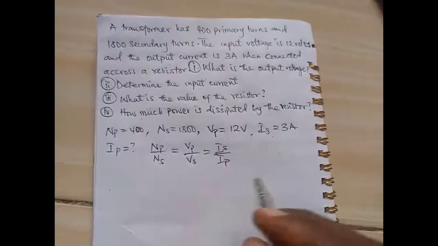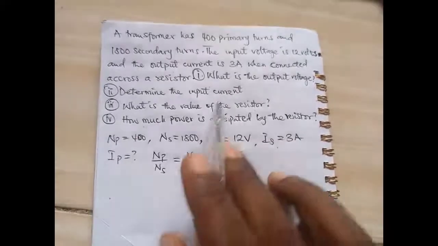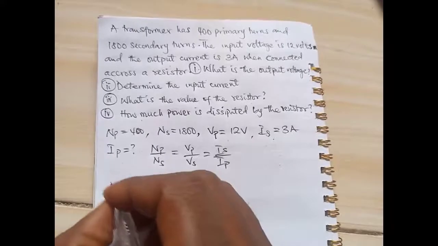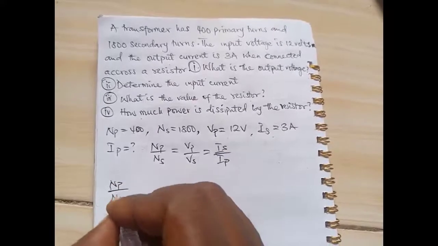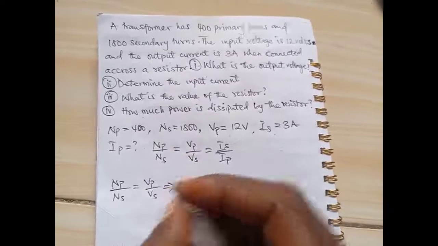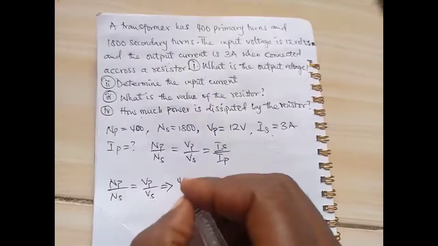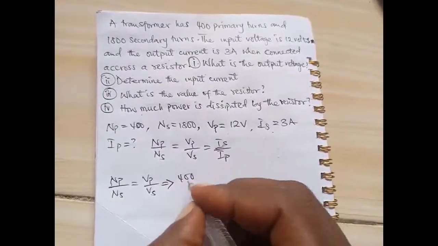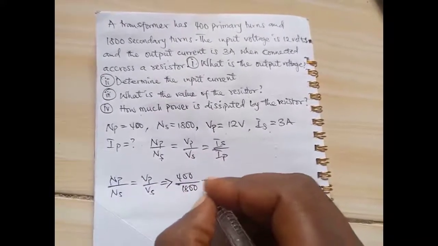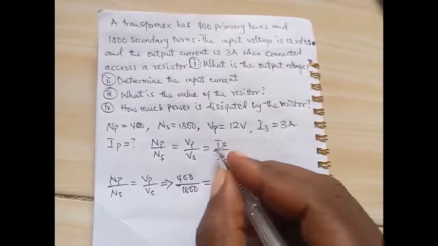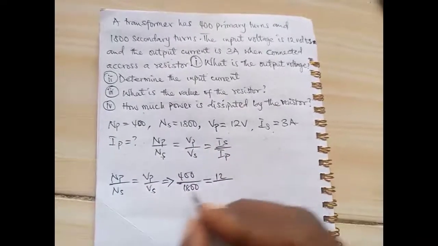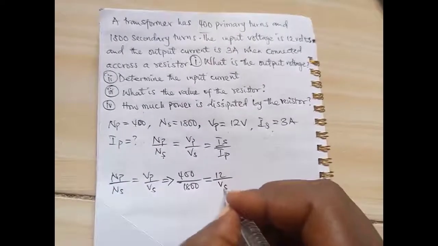In this case, for us to get the output voltage, we're just going to pick only this part: Np over Ns is equal to Vp over Vs. If we fix the values, our Np is 400 and Ns is 1800, equal to Vp, which is 12, over Vs, which we don't know.